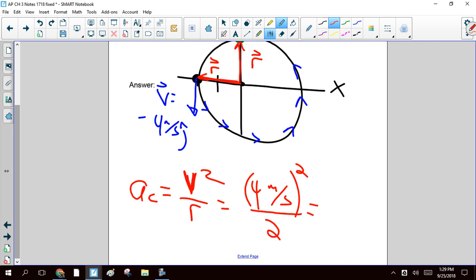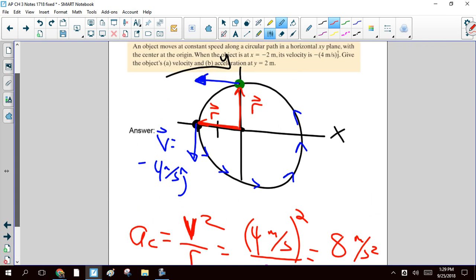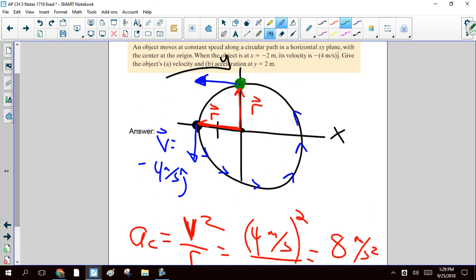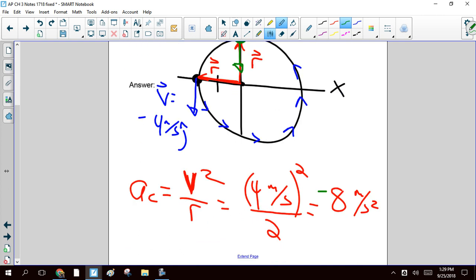So 16 divided by 2 gives you 8 meters per second squared. The units do work. And remember, when it's at this point up here, your centripetal acceleration always points towards the center. So it should be -j.